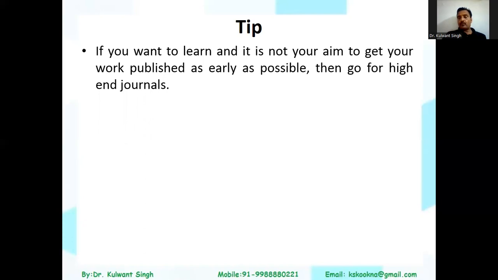In such a case, we can opt for interdisciplinary journals where we can publish our paper in a short time, right? But on the other hand, if there are no such constraints and we want to learn new things about the publication process of quality articles like this, then we have to opt for the high-end journals.